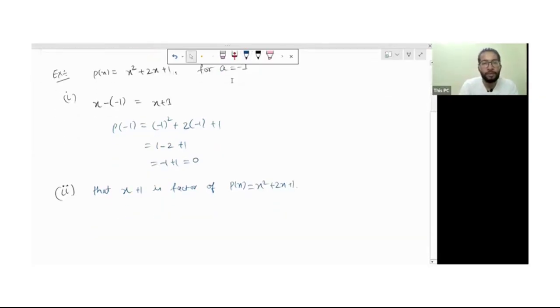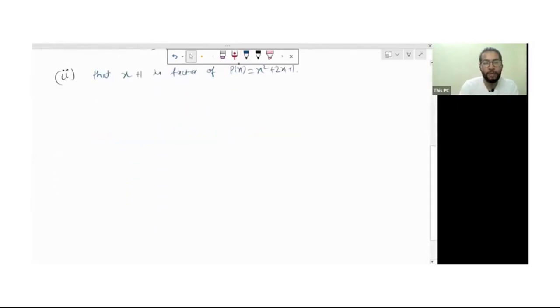If it is given that x plus 1 is a factor of p(x), then there is no need to find the value of p(x) at x equal to minus 1. x plus 1 can be written as x minus (minus 1), and on comparing with the definition, we can write a is equal to minus 1.